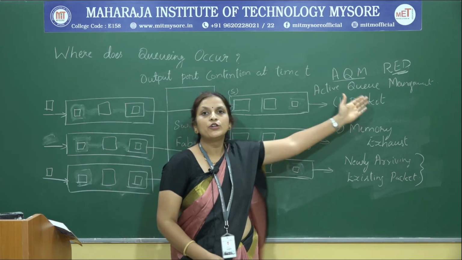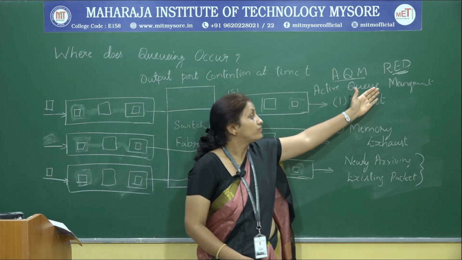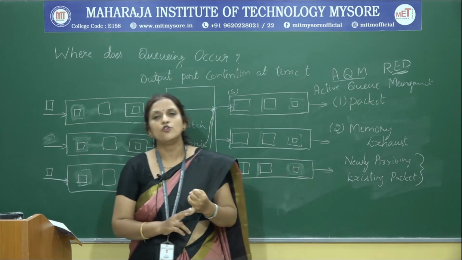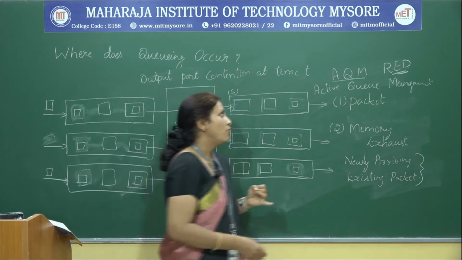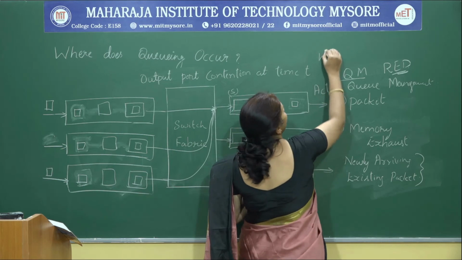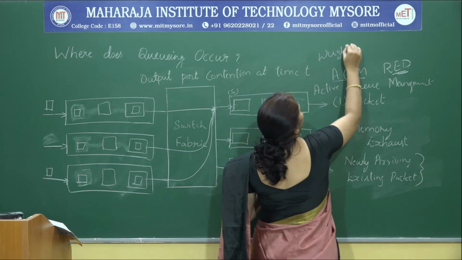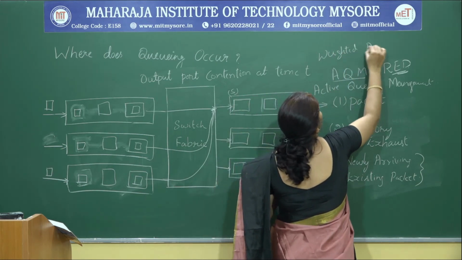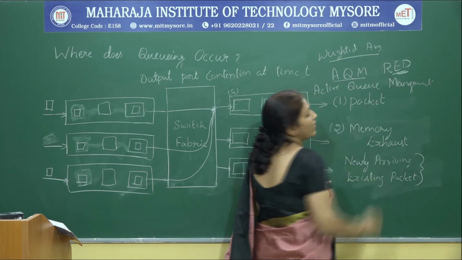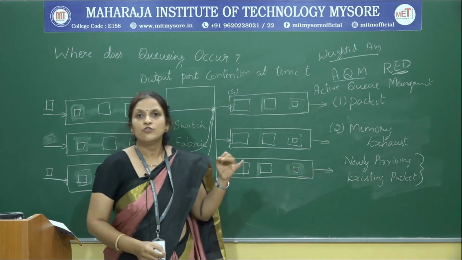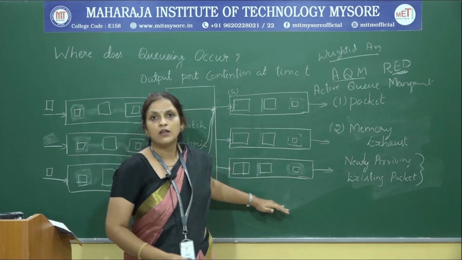In this case, what we will do in RED is, for each output link there will be a weighted average, which will be kept for each of these lines.